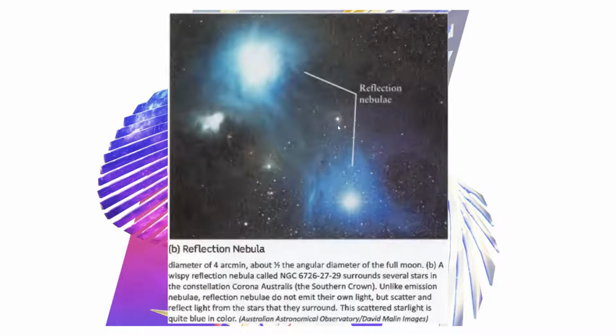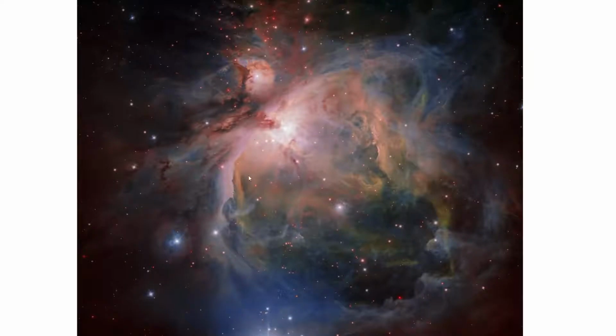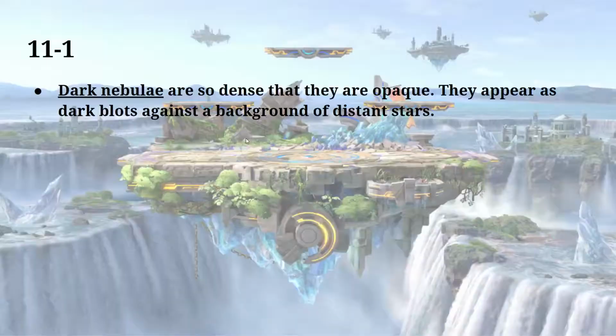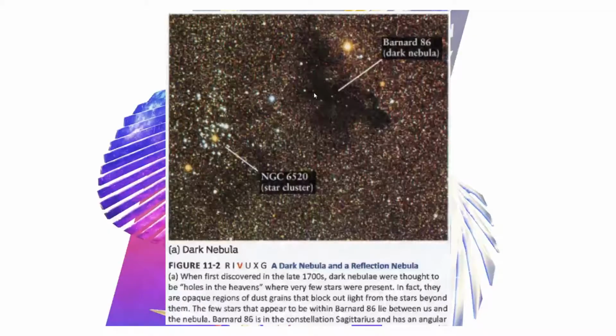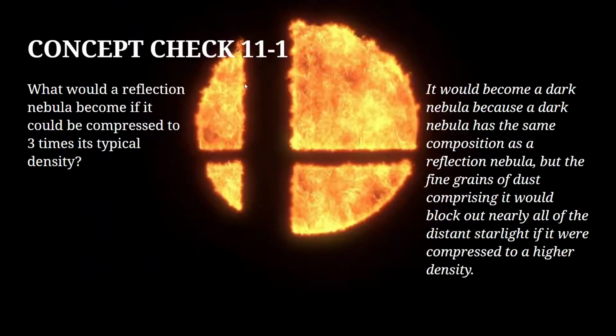So we got emission nebulas, which are giving off their own light, like this. The stars heat up the gas so much that the gas gives off its own light. We have dark nebulas that block out stuff behind them. And we have reflection nebulas, which are blue in this case because they were just reflecting the blue light.